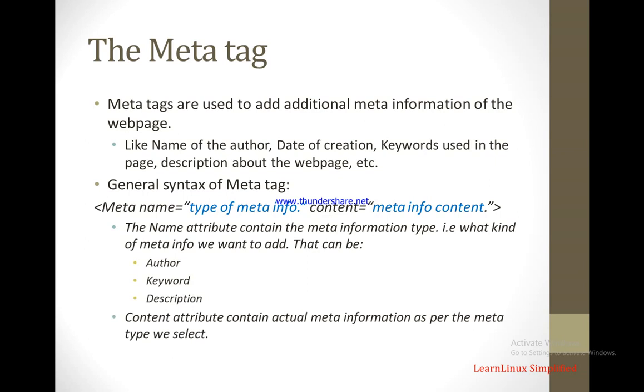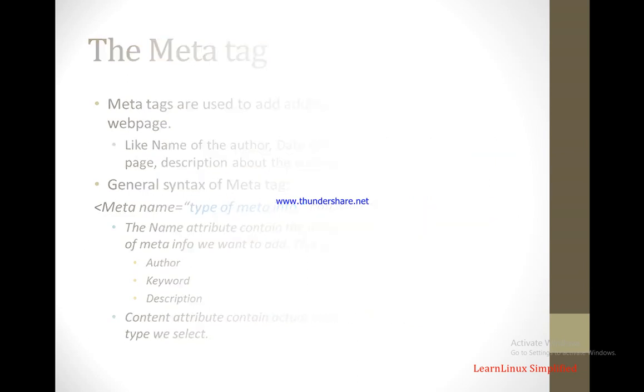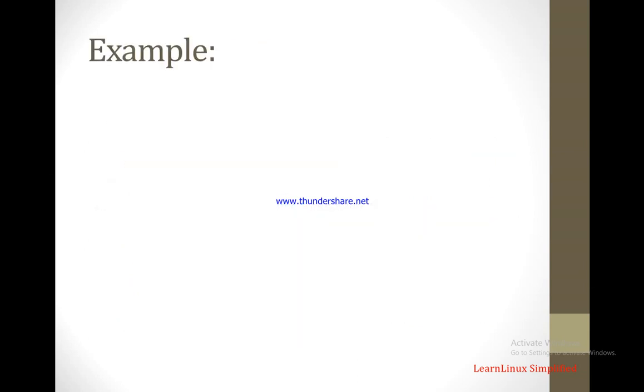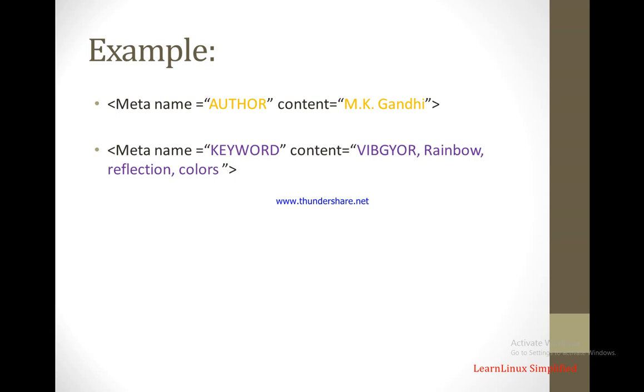Let us see an example. Here meta name is equal to author. So here I am using the type author, and in the content part I have given the author name, that is MK Gandhi, for example. Second, meta name is equal to keyword.